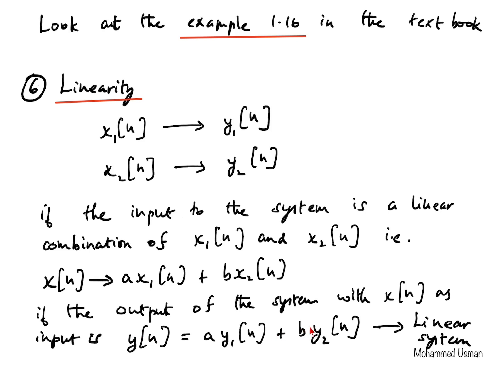The corresponding output will be y1 of n plus y2 of n. Or if it's continuous time, it is x1 of t plus x2 of t produces an output y1 of t plus y2 of t. So we call this system which satisfies this property a linear system. So we can break this down in many ways. For example, now I'll write it in continuous time as well.